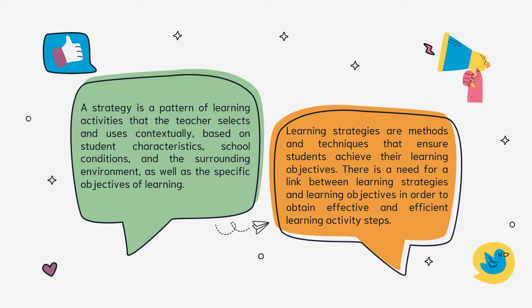Learning strategies are methods and techniques that ensure students achieve their learning objectives. There is a need for a link between learning strategies and learning objectives in order to obtain effective and efficient learning activity steps.